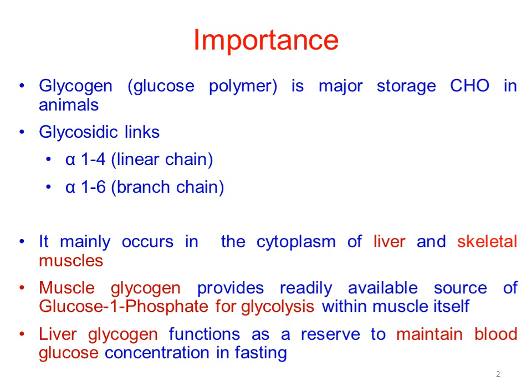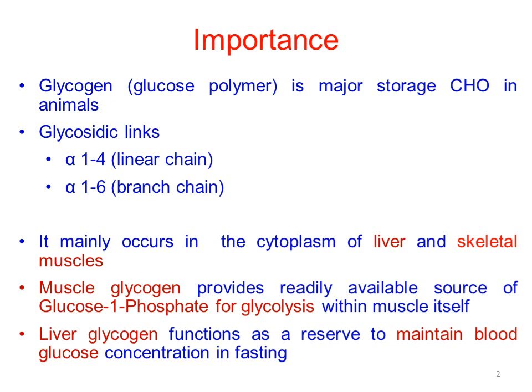If the glucose is joined by alpha 1 to 4 linkage, then a straight chain is formed. However, if the glucose is attached with alpha 1 to 6 linkage, then branched chains are formed.